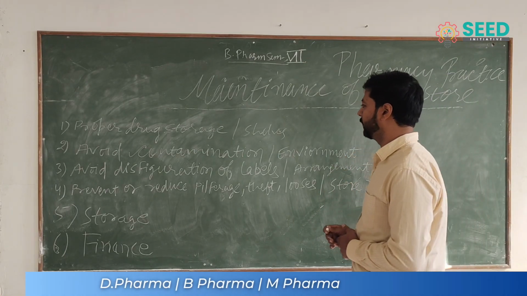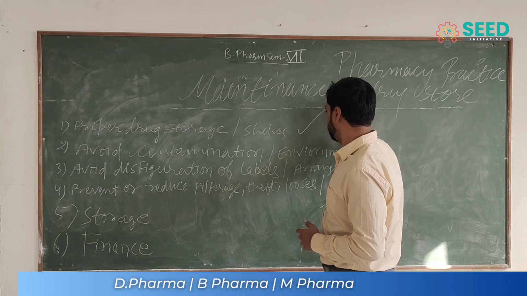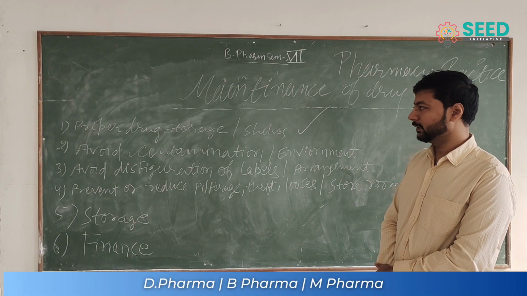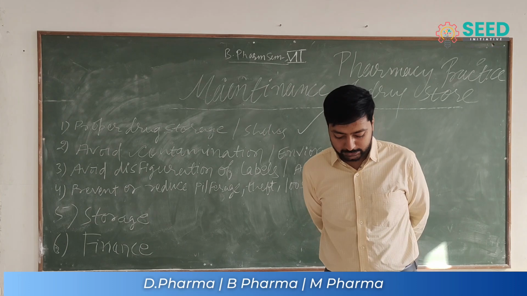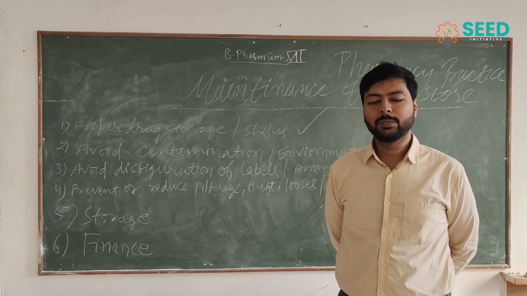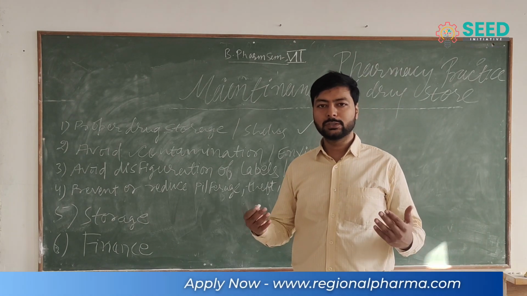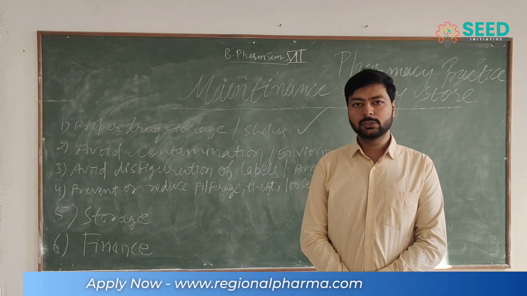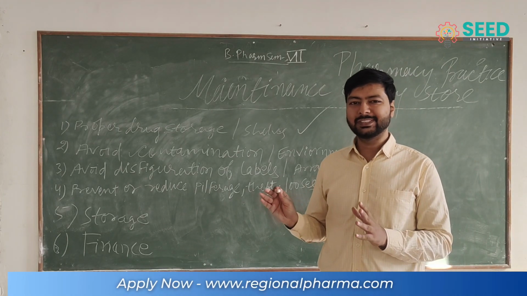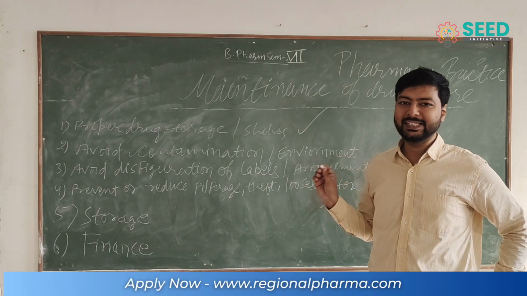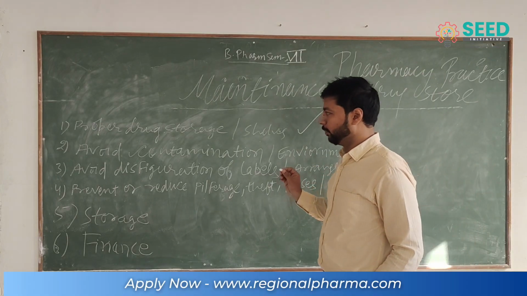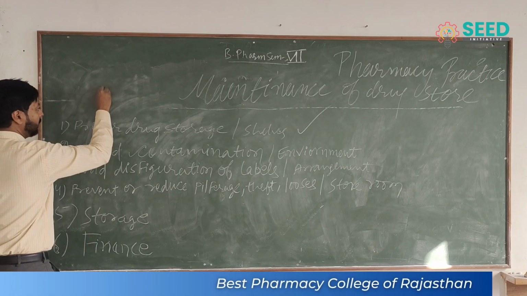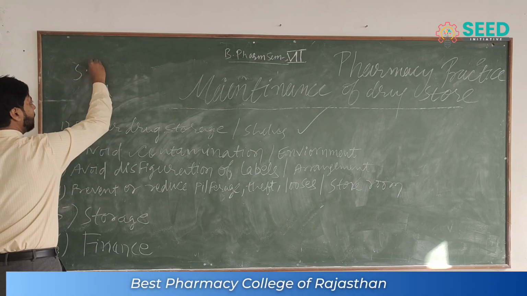So, proper drug storage in the shelves. Our first point, proper drug storage. Proper drug storage means if you buy the drugs and keep them in the shop, they are arranged in the shelves with serial numbers.